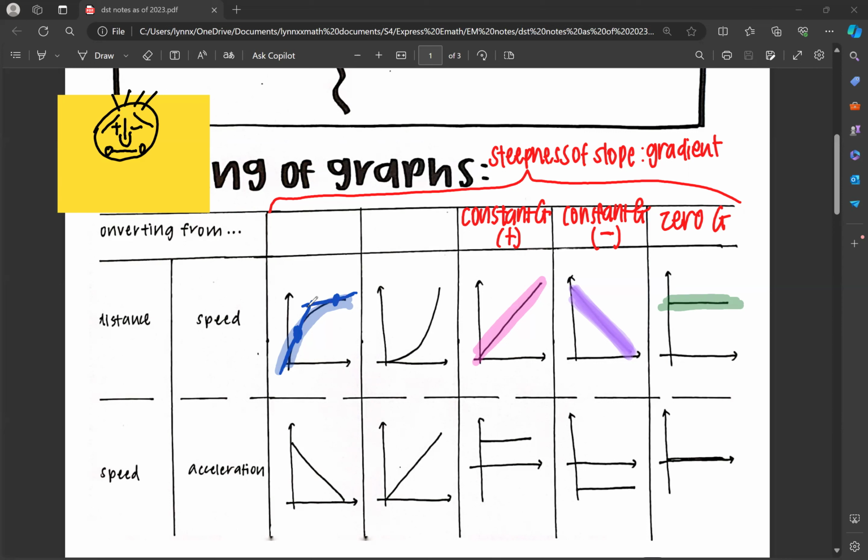And at a point here, this line is also a tangent. Can you see the slope went from here to here? Is it getting steeper or less steep? Less steep. So less steep means the gradient is increasing or decreasing? It becomes less steep. That means it's what kind of gradient, people? Yes, decreasing gradient.